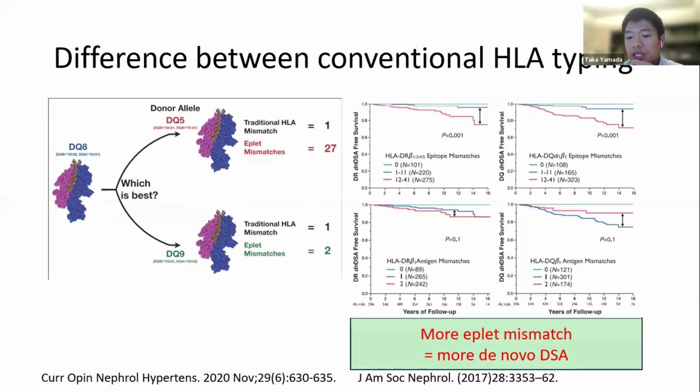Eplet mismatches, particularly in class 2, pose a significant risk of developing donor-specific antibodies or antibody-mediated rejection and ultimately graft loss. This association is more significant compared to HLA antigen mismatch itself.